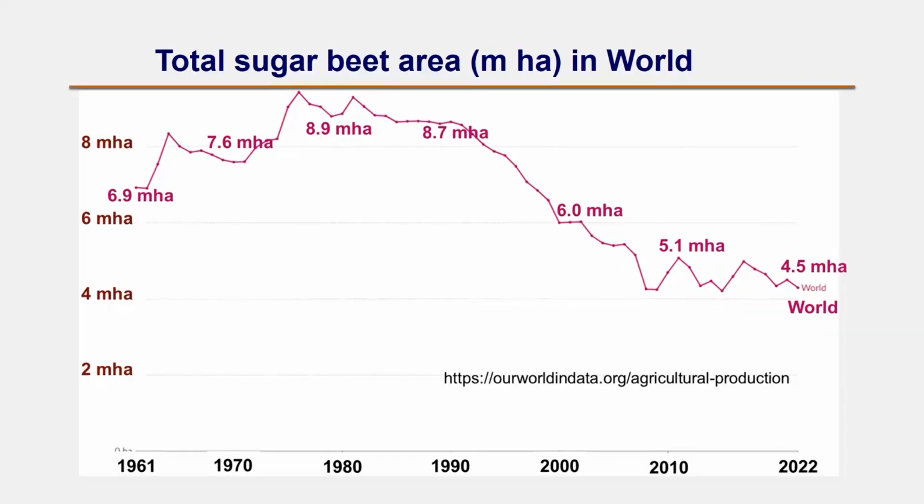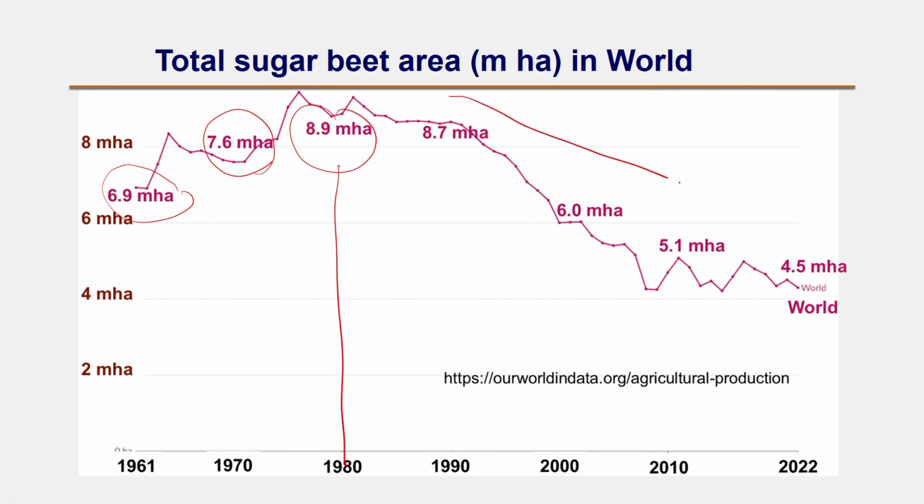Now total sugar beet area in the world in million hectares. In 1961 it was 6.9 million hectares, and then it increased to 7.6 million hectares in 1970, then again to 8.9 million hectares in 1980, and then the area of sugar beet started falling.